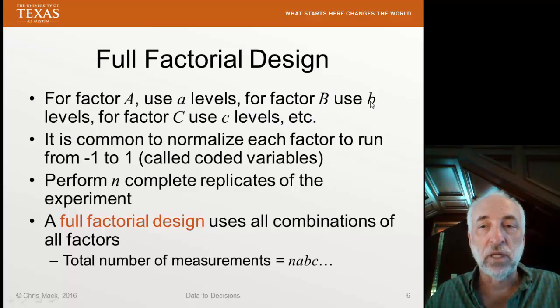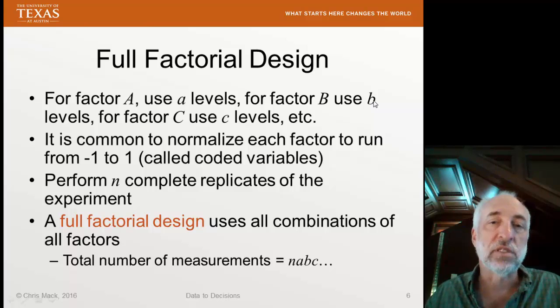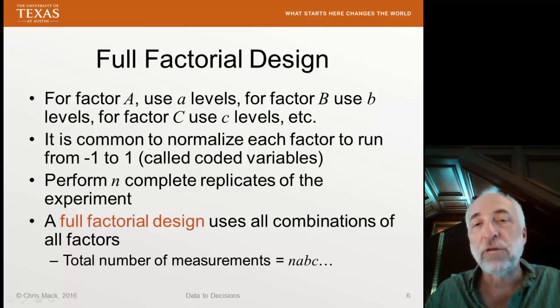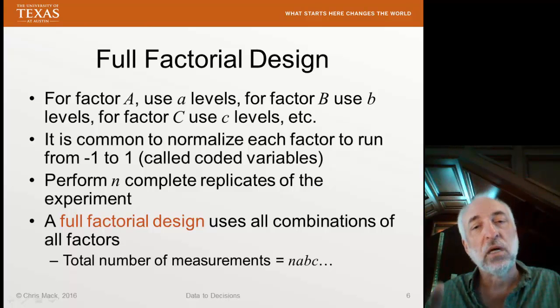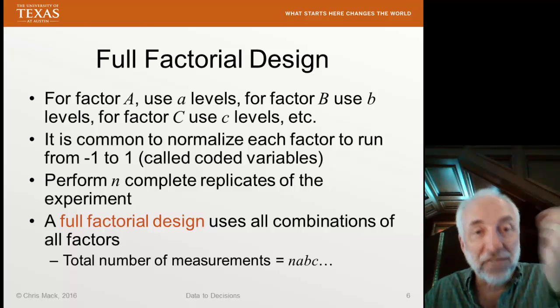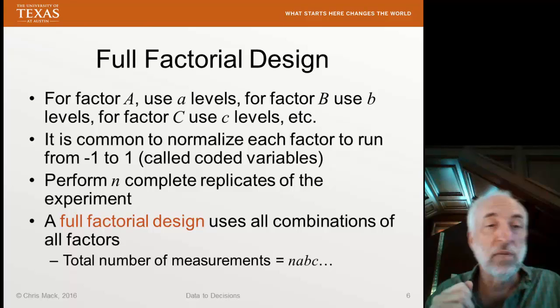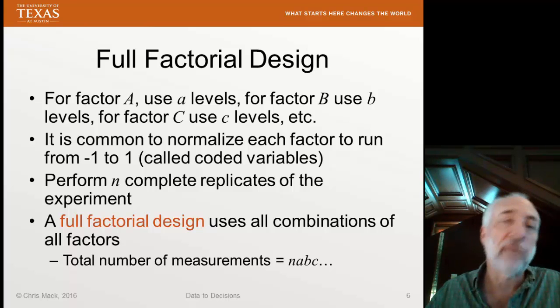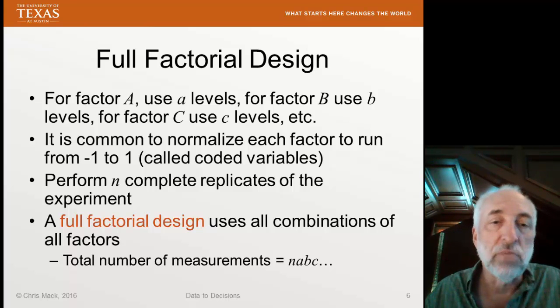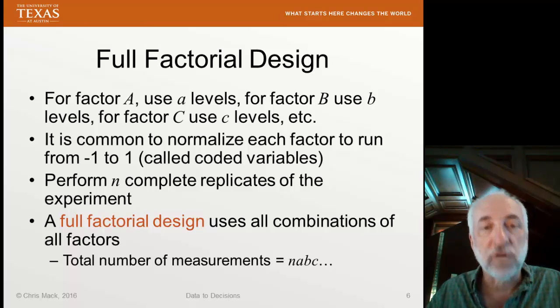Factor B will have small b levels, and C will have small c levels, etc. What we generally do to describe the design is to assign the number -1 to the minimum value of that level, and the number +1 to the maximum value, and then, of course, normalized in between. We call these coded variables.